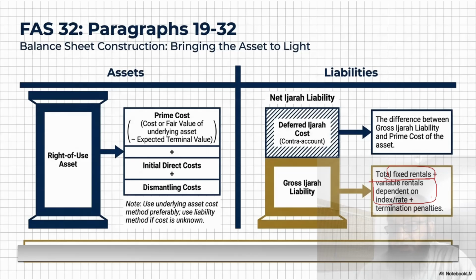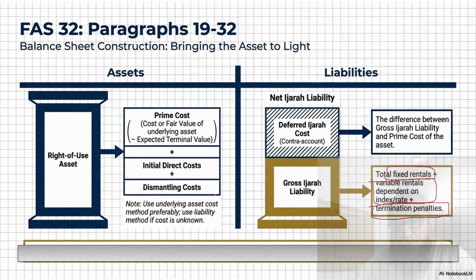That also has to be estimated, plus the terminal penalties. These will be taken into consideration only if we intend to terminate. If we do not intend to terminate, then, as we discussed earlier, a stochastic, probabilistic calculation has to be made of the most likely scenario. So this will constitute my total gross liability.